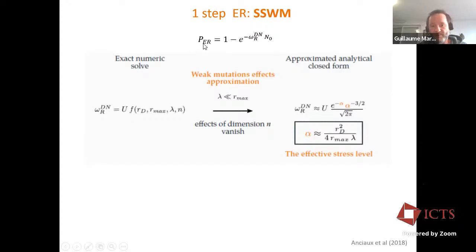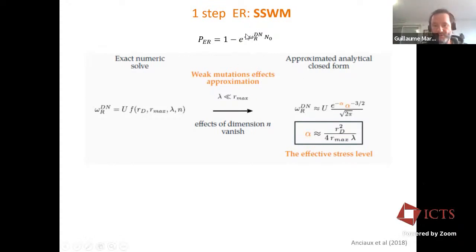So P_R, the probability of rescue, takes a form of 1 minus e to the minus something that depends on the conditions times N0. That's expected all the time when you're considering density-independent models, because the fate of every single mutant is independent of the other. So extinction from N0 mutants is just extinction from one individual to the power N0. So it's always going to be like this.